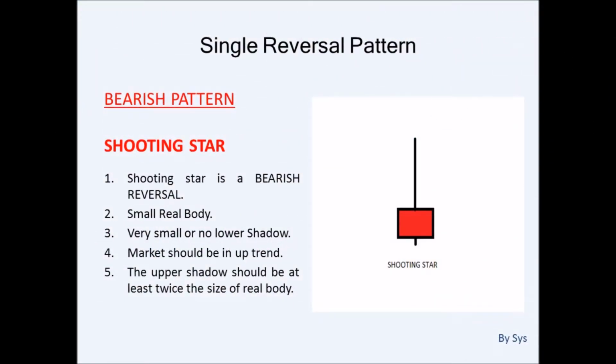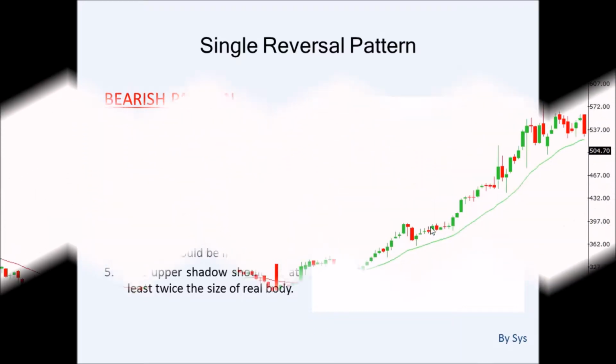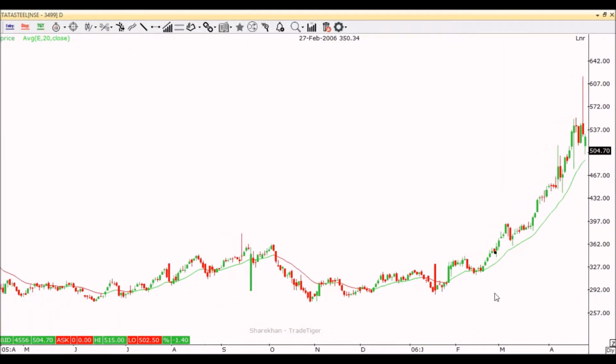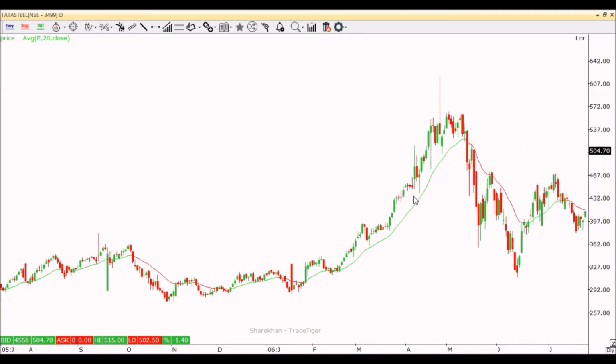I could not say that only the hammer will work, as sometimes the inverted hammer works too. But the probability of the hammer working is more, so that's why I told you the shooting star and the hammer are the much more reliable patterns while we trade.